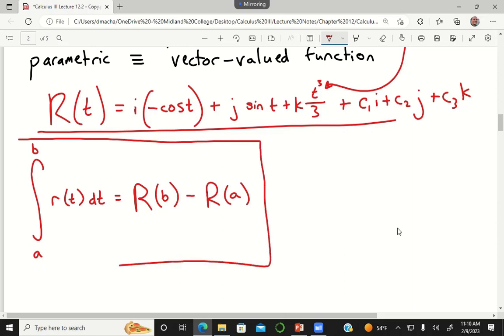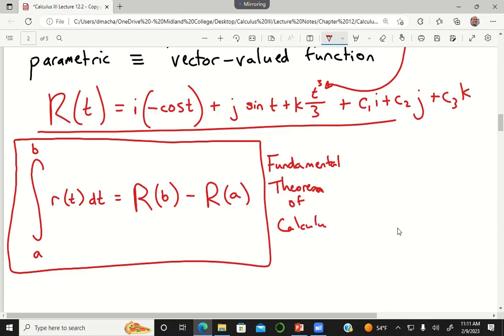So in other words, since everything else works the same, the fundamental theorem of calculus also works the same. So if you ever see a definite integral in your homework, it works exactly like you would think it would work. There's no surprises.